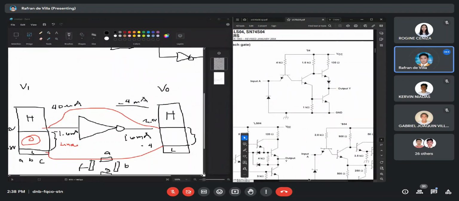Okay. Who could explain to me nganong mas dako ang current output low compared sa current output high? So tanaw na to na abay nakatunang sa electronics. Miss Mandresa, sige, can you give me your version of your answer as to why mas dako ang current output low compared sa current output high?